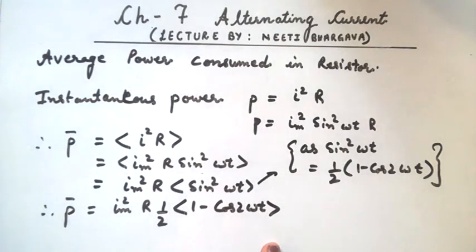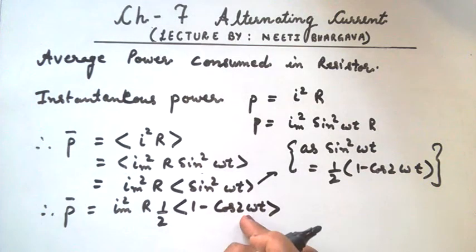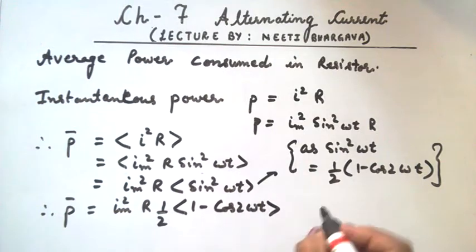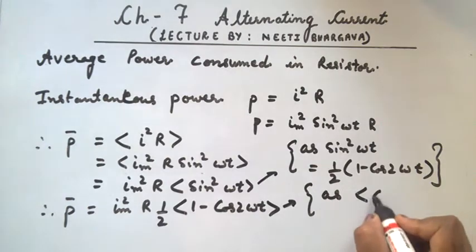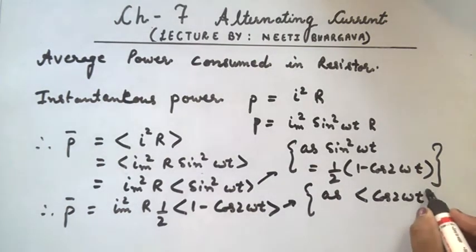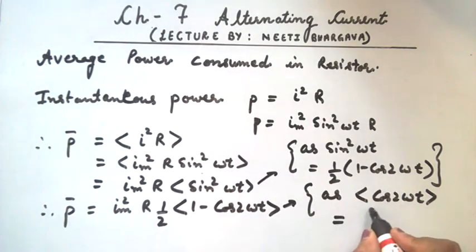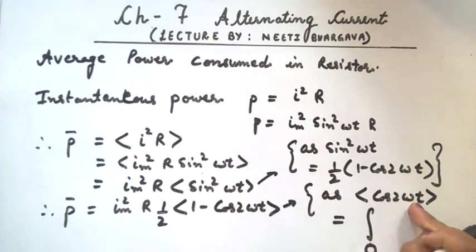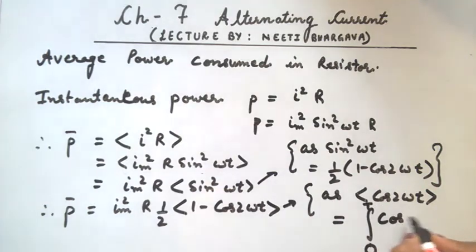Now, cos 2 omega t, we have studied about its average also. Its average is equal to integration of cos 2 omega t over a complete cycle, that is 0 to T, cos 2 omega t dt upon capital T, that is total time.